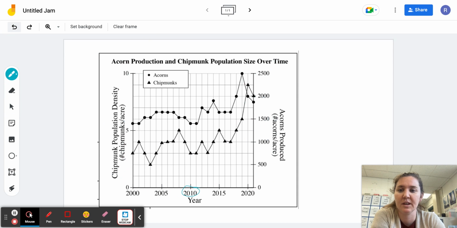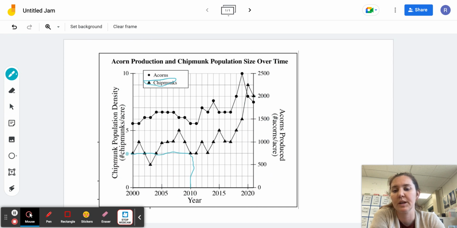I'll clear that out of there so we can look for number 4. Number 4 asks, how many chipmunks per acre were there in the year 2010? So chipmunks are the triangle. So we find 2010. We go up to the triangle here. And now we need to use this side because that is chipmunk population density. So I come over on this line.